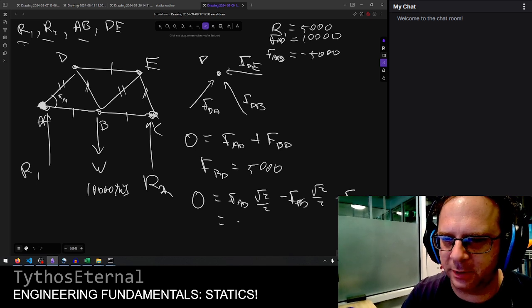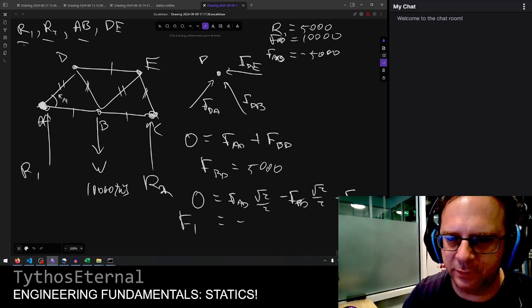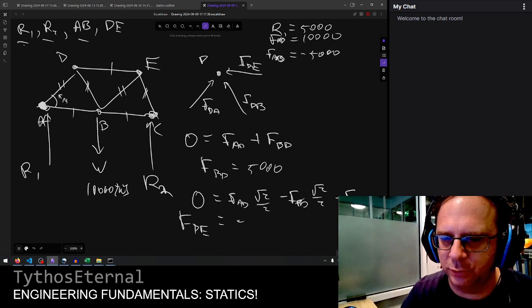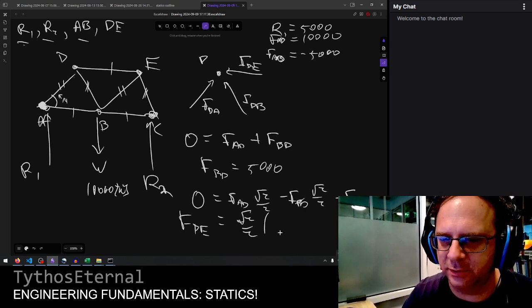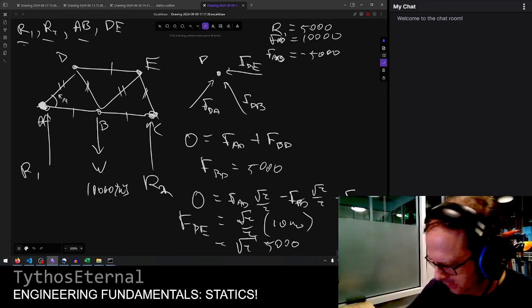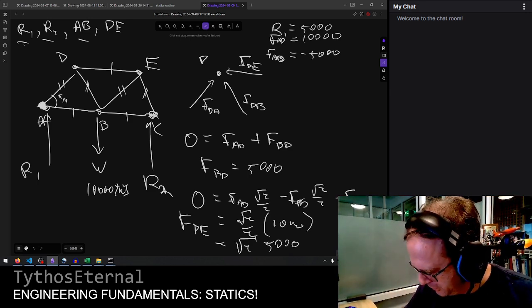So we know FDE, see, root 2 over 2 will pull out 5,000 plus 5,000 is 10,000, right? And that just works out to root 2, 5,000. Does that agree with what I computed?